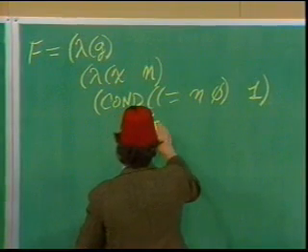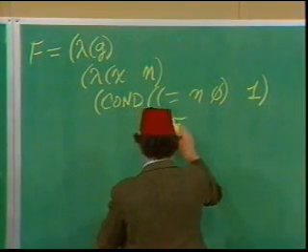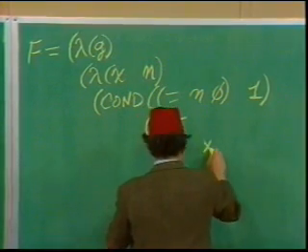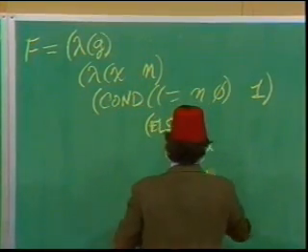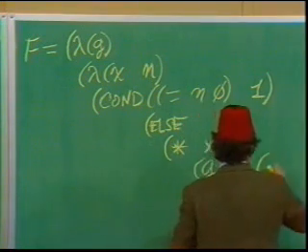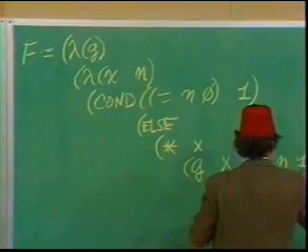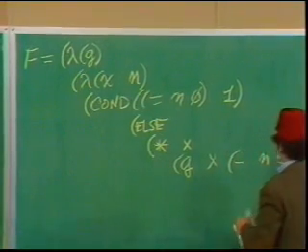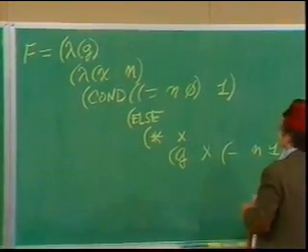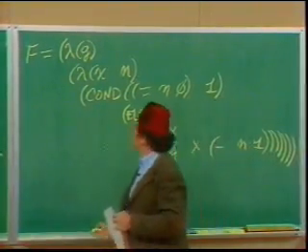Otherwise, the result is the product of x and g applied to x and n minus 1. Lambda, lambda. Okay?